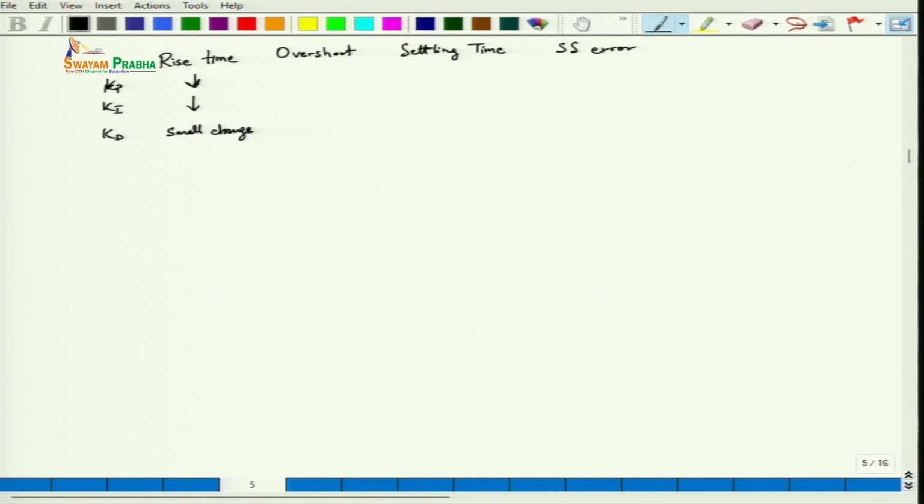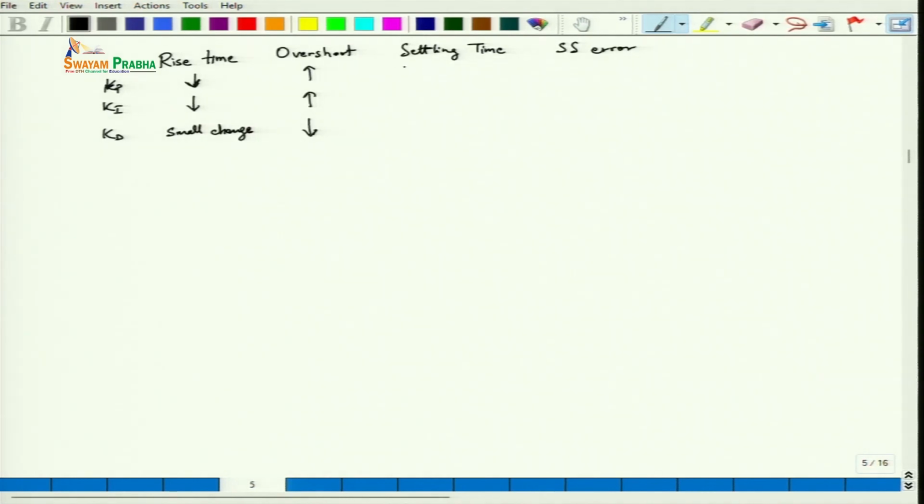Now in terms of overshoot, Kp will increase the overshoot. The same will happen with Ki, but in case of Kd it will reduce the overshoot, and this reduction in overshoot can potentially help us increase Kp, which might be beneficial in other cases such as rise time.